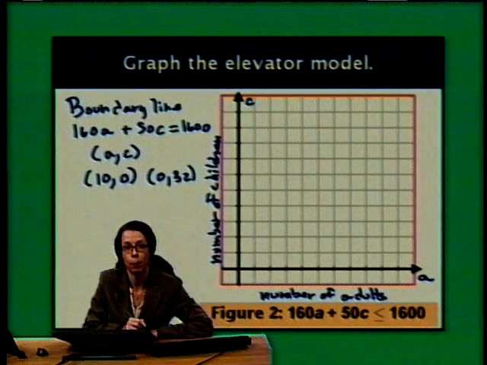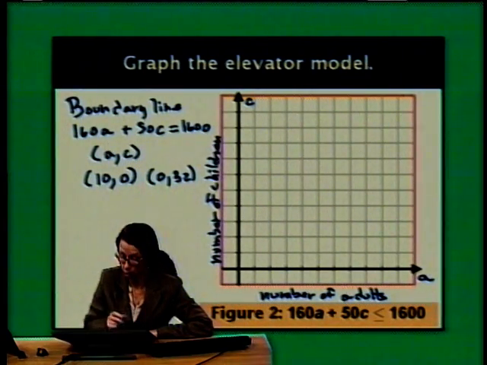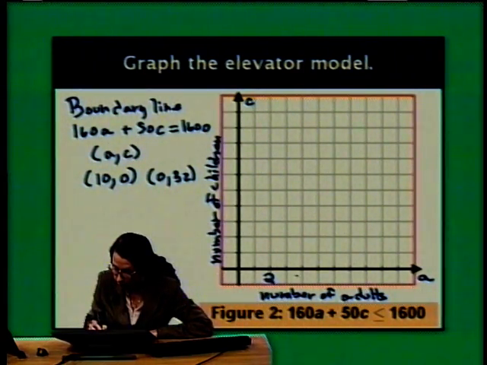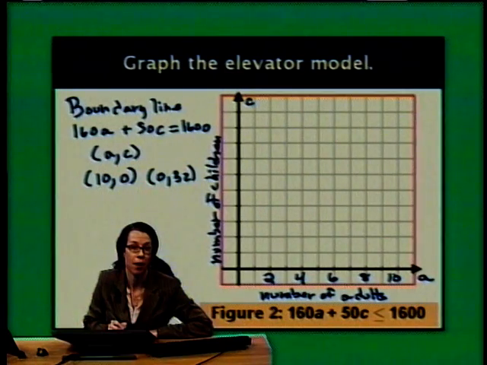So this will allow me to choose a decent scale to draw the boundary line. I think I'm going to choose a scale of 1 on the horizontal axis because I need to get out to 10. And I'm going to use a scale of 4 on the vertical axis because I need to get up to 32.